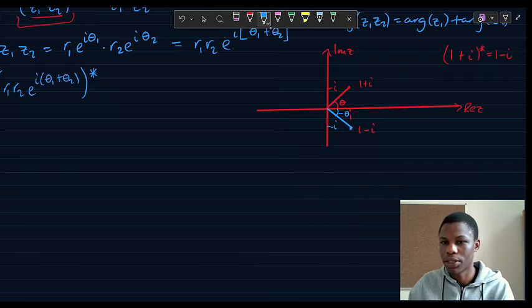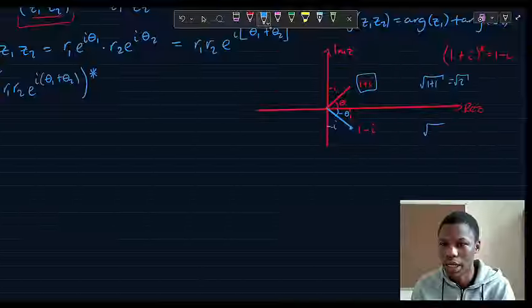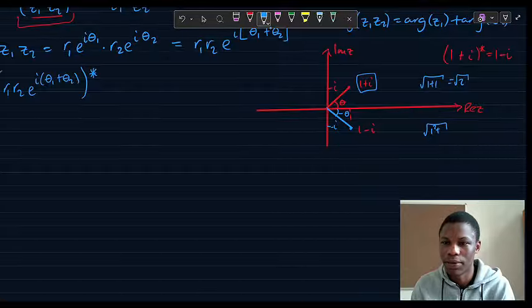That's all that happens to your argument. The modulus stays the same, because if you find the distance from 0 to 1 plus i, it's just going to be the square root of 1 plus 1, right? Which is root 2. And if you find the modulus of 1 minus i, that's just 1 squared plus negative 1 squared, which is also 1 plus 1, and root 2. So the modulus itself doesn't change.